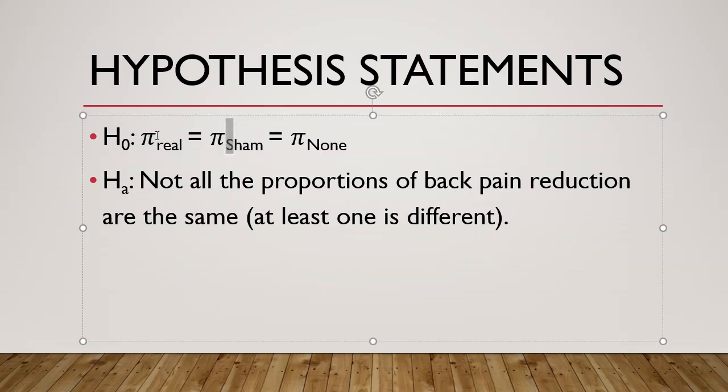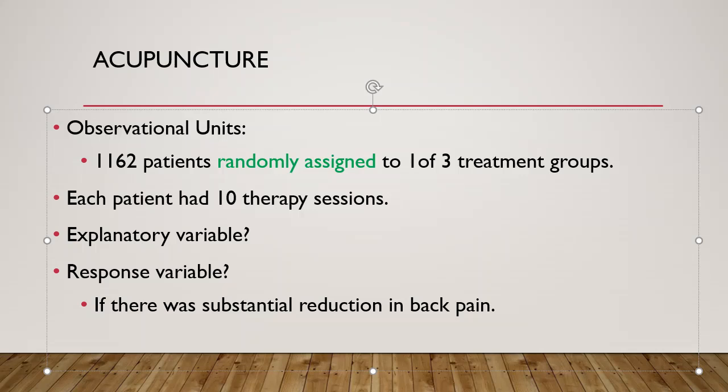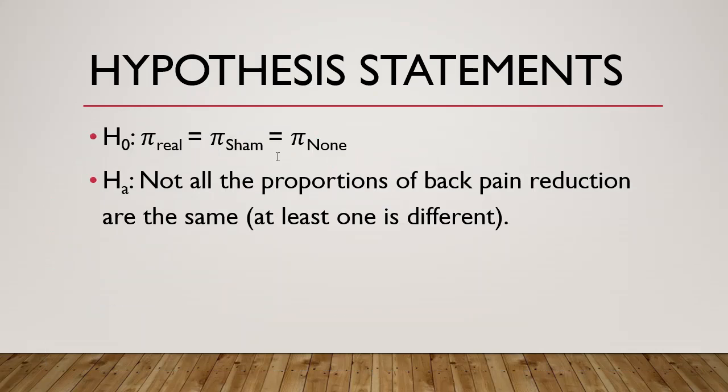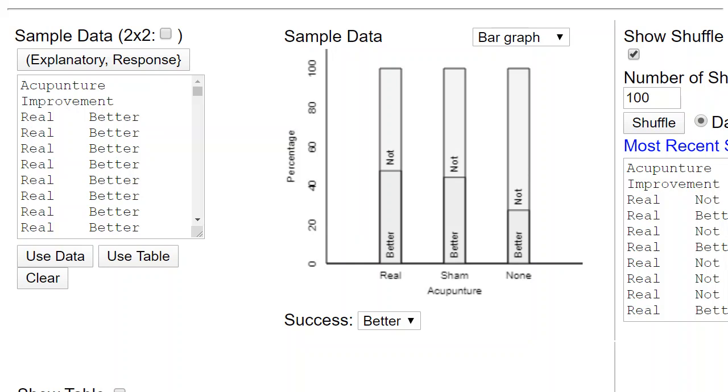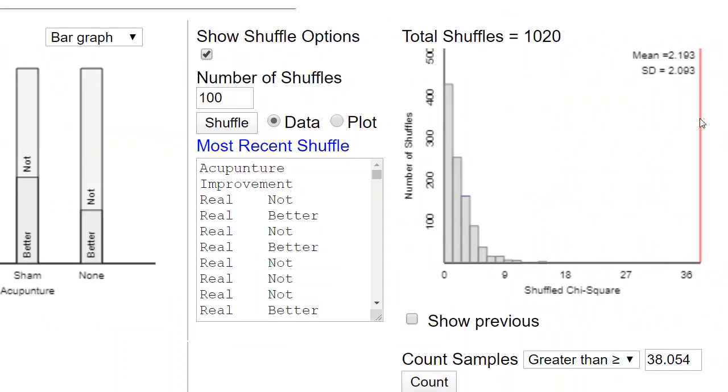These proportions must be different from each other if we got data that was this far different. And the way we know the data was that far different was because the chi-squared statistic was so large, it was way out in the tail here.